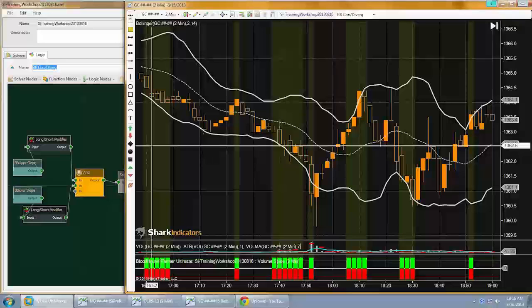Let's see. So Daniel was asking, he wants to be able to identify ABC patterns. And yeah, Daniel, I remember during our meeting that you had an indicator that was marking the ABC patterns, and I'm wondering if that indicator might have had a hidden data series.